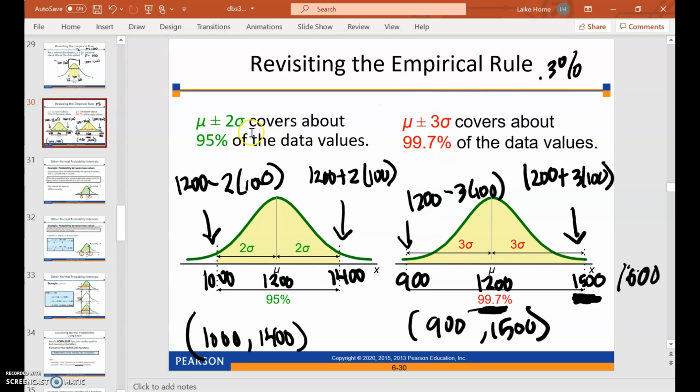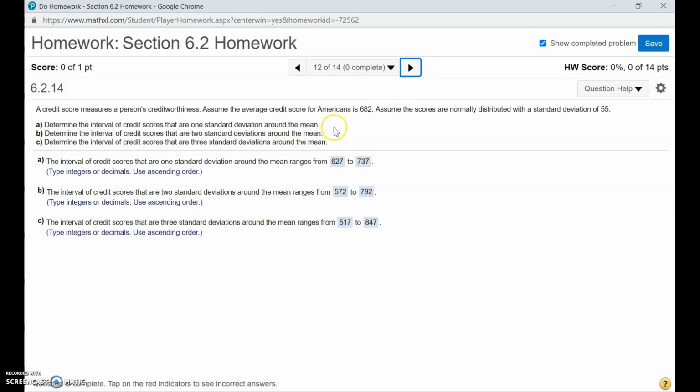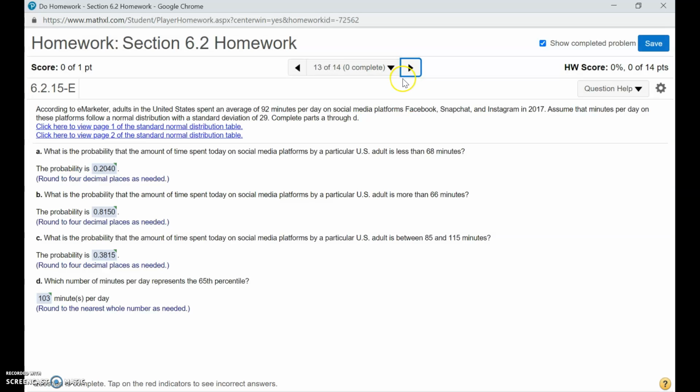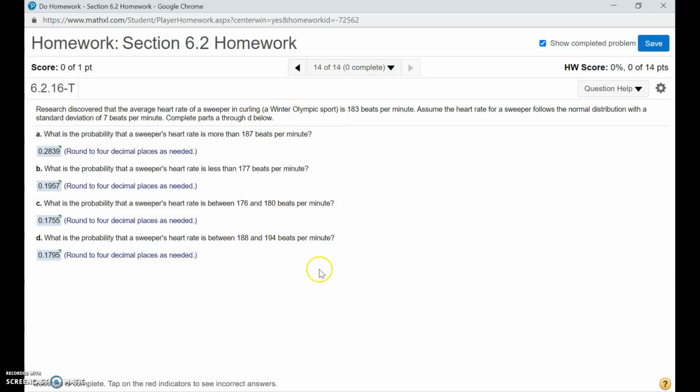You're going to do that for 2 standard deviations and for 3 standard deviations to get your intervals there. And I believe that completes section 6.2. Let me know if you have any questions.